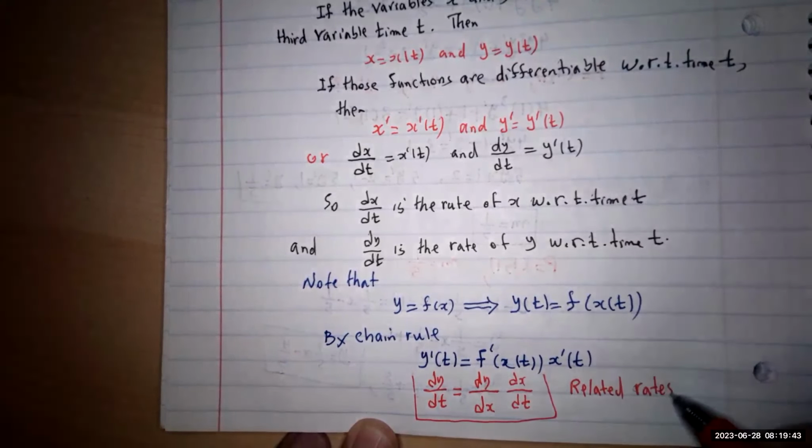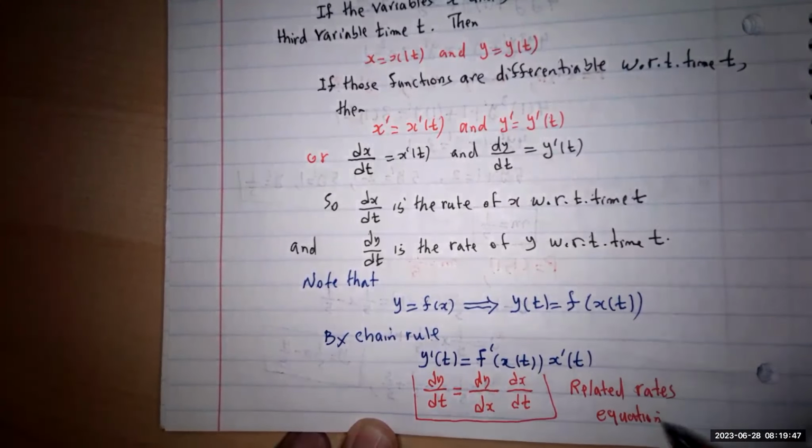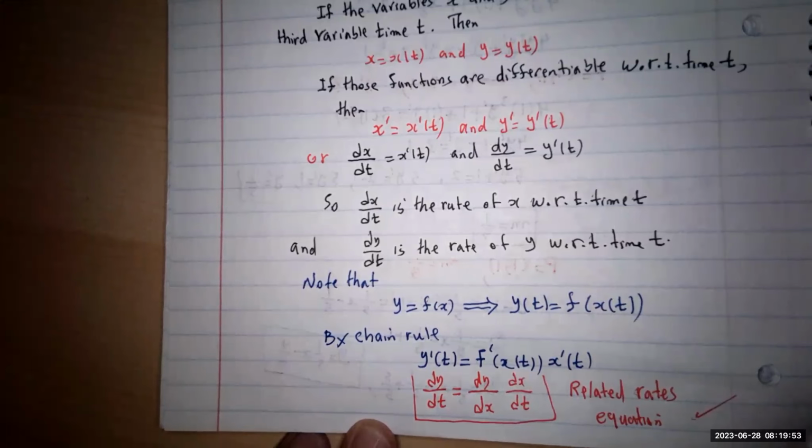So in all these application problems that you're going to have, you are going to have the situation that I put over here for you. dy/dx can always be found because this is the derivative of the function.